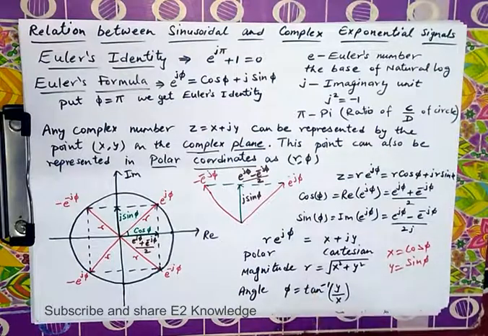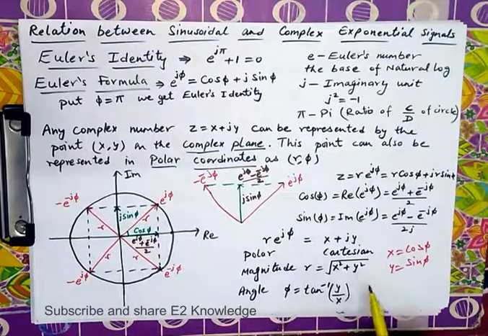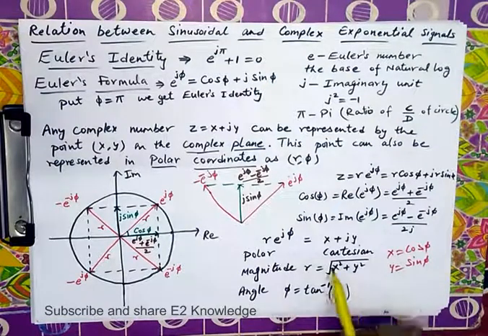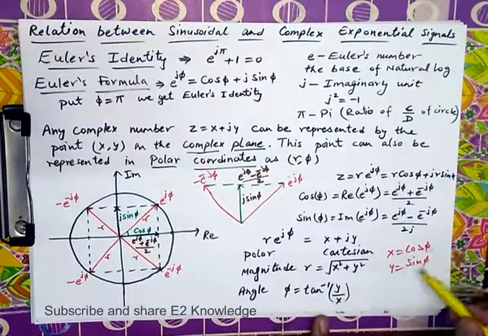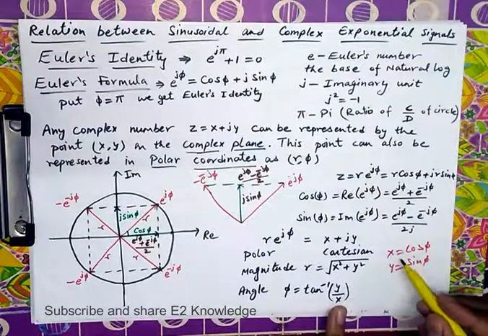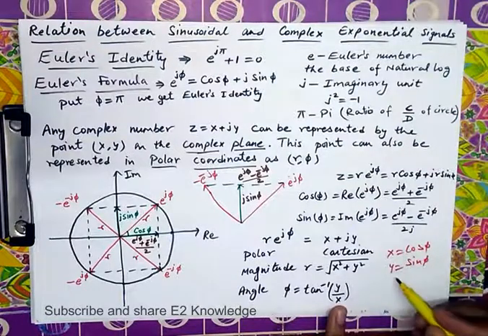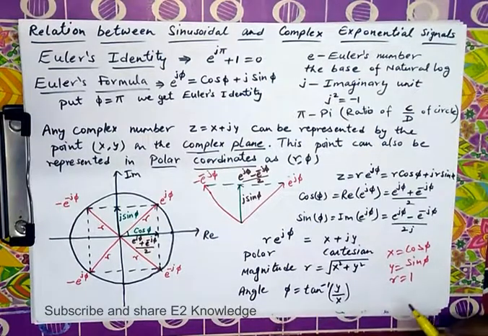Then r, that is the magnitude in polar coordinates, that is the radius of that circle, is equal to the square root of x square plus y square, that is the square root of cos square phi plus sin square phi, and it comes out to be 1. So in this case, if x is equal to cos phi and y is equal to sin phi, then r is equal to 1.